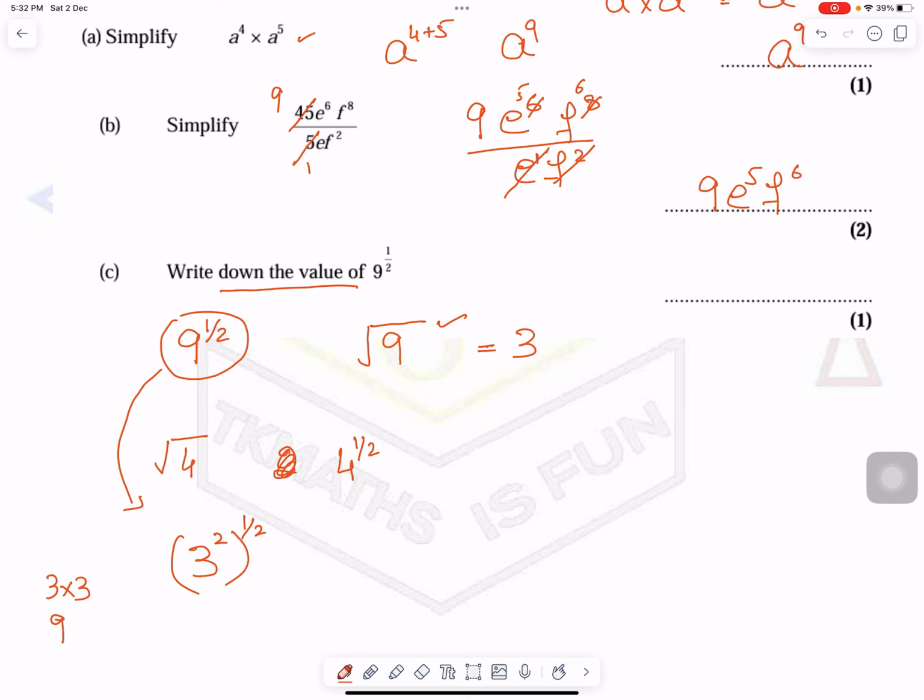So I changed 9 into 3 square. Power half is there as it is. And then I will multiply the powers. Because you must remember, if you have an index number which has a power, it means powers multiply. Sometimes students add up. Please don't make that mistake. Powers multiply. Okay?